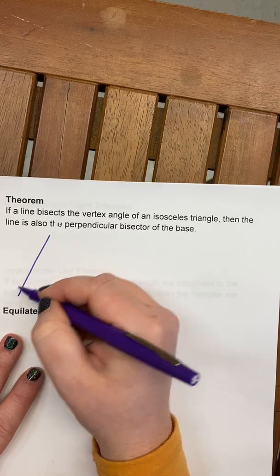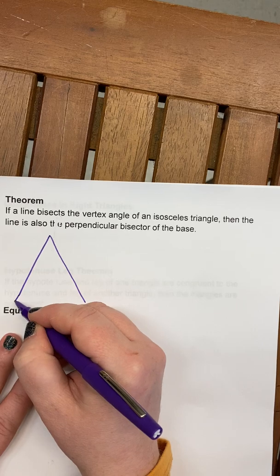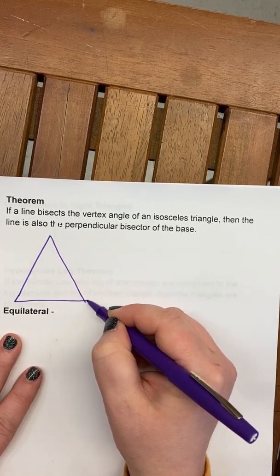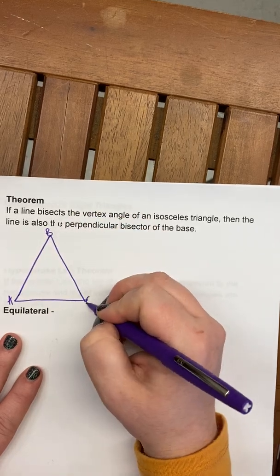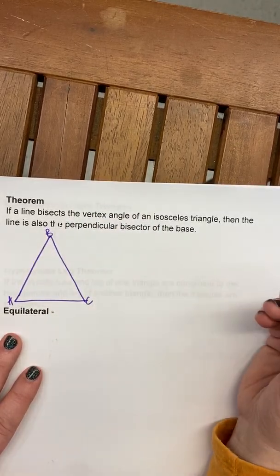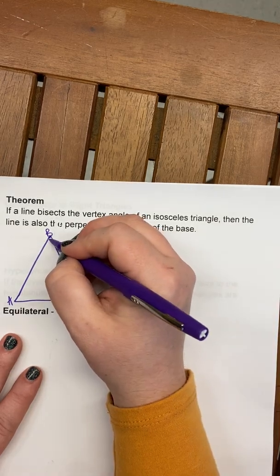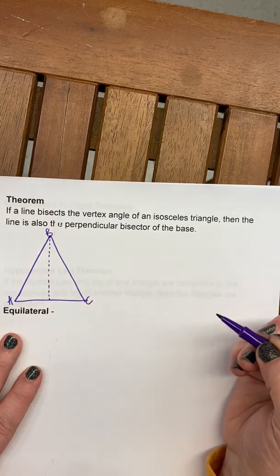So let's say we have this triangle here. And I'm going to label it ABC. And the vertex, which is angle B, is bisected, which means it's cut equally, like this.